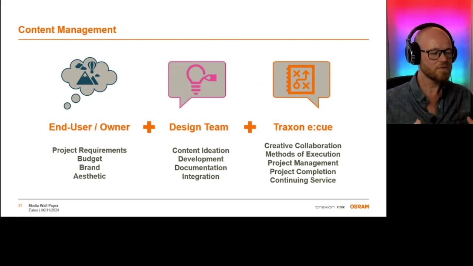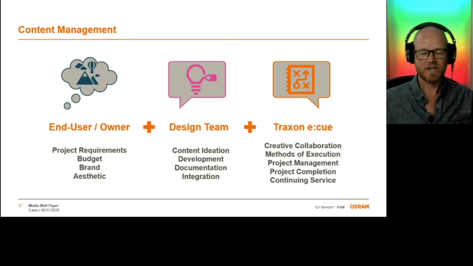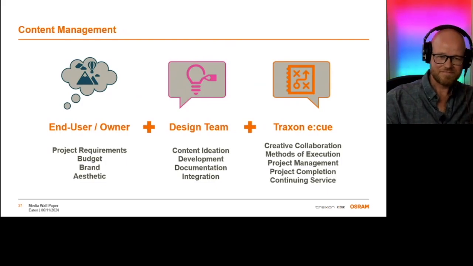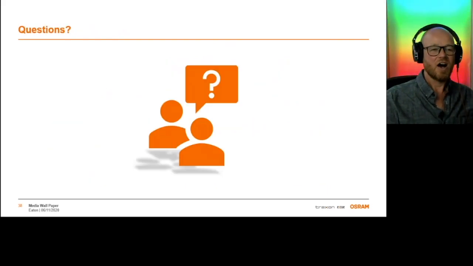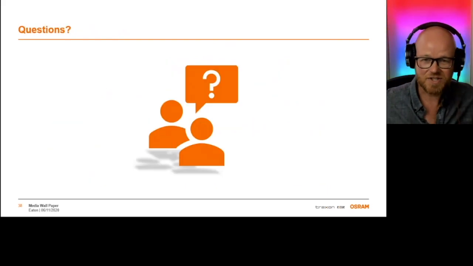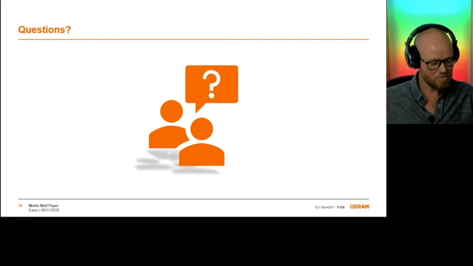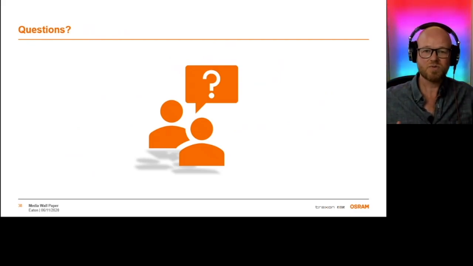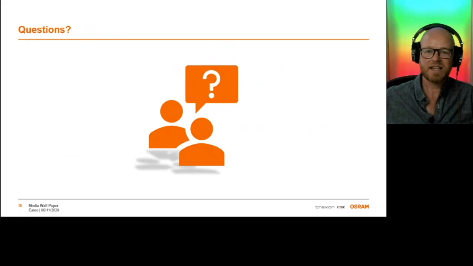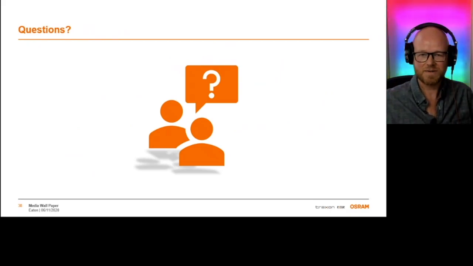So just a couple of things to keep in mind when you start to explore all of the possibilities of media lighting. And with that, I want to open up the floor to questions. And we're really excited to hear how you are going to use these new media lighting tools in your next projects.